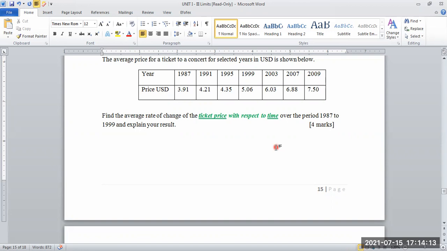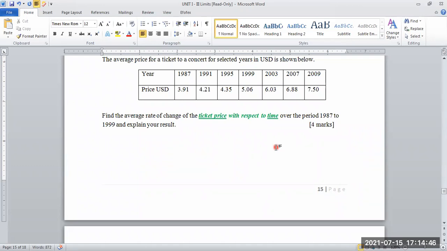And we can have an idea as to what happens. We could also use it for Burger King. When was the last time I had an increase? What was the increase? So the double whopper moved from this amount of money to this amount of money at this particular time. And we can calculate the average rate of change of the increase in price of the double whopper at Burger King, right? We can look at several different things using the average rate of change.